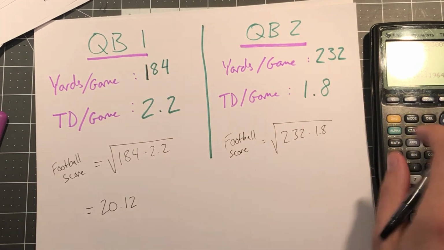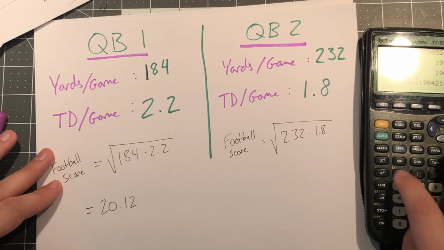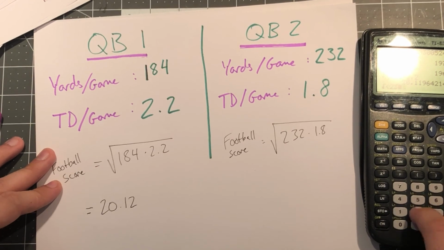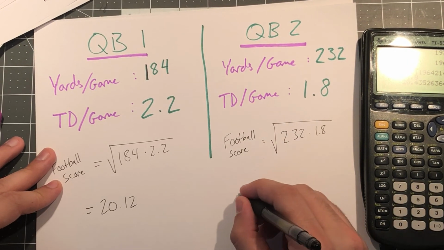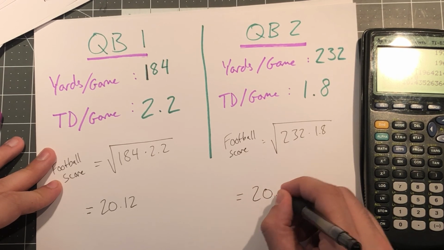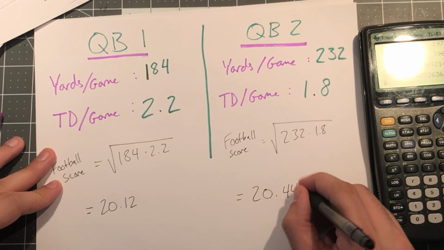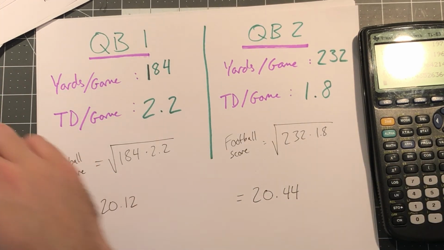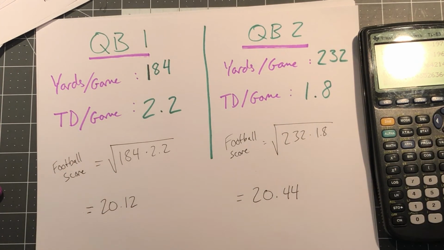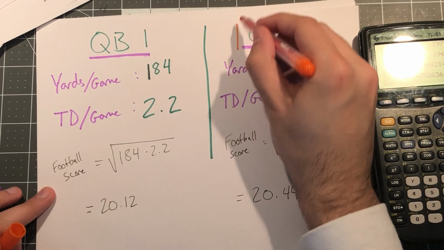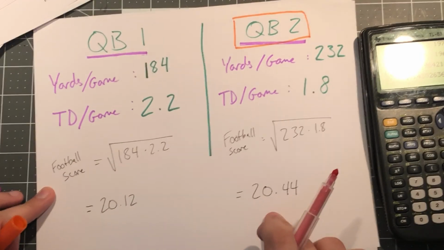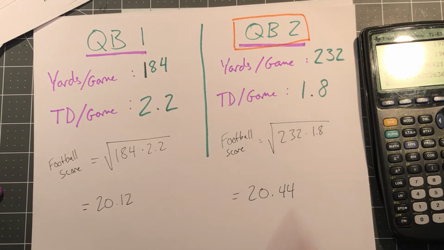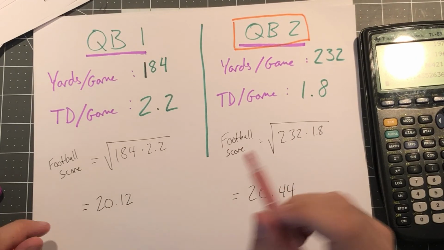We can change these if you wanted to make it more tailored to how your league scores, but this would be 20.44. So, judging by these stats, if we cared about these alone at equal weight, we actually want QB2. He's got a bigger number, a bigger average, geometric average, than QB1.